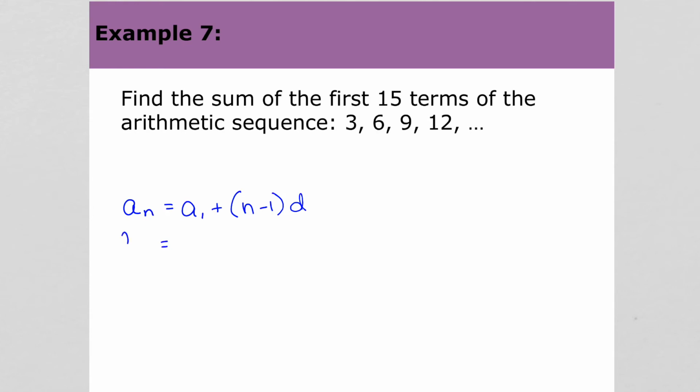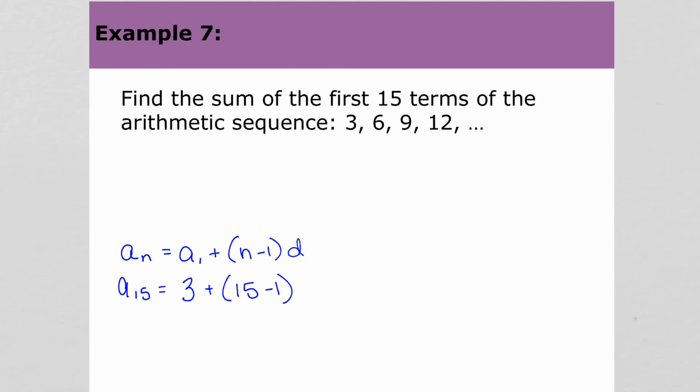We're looking for a sub 15. We've got the first term, we've got n is 15, but we don't have d, so we're going to have to back up here and find d.